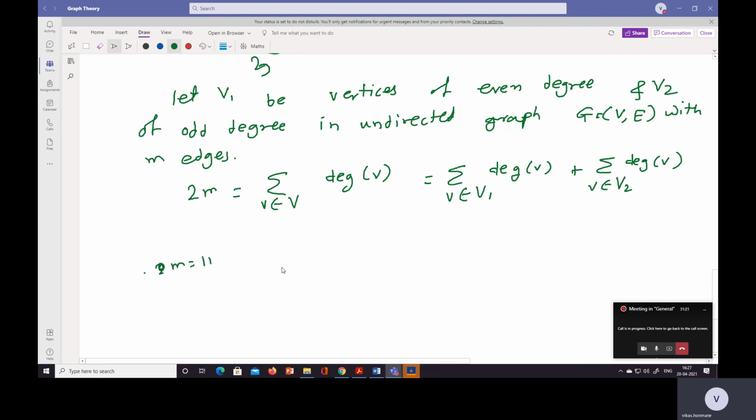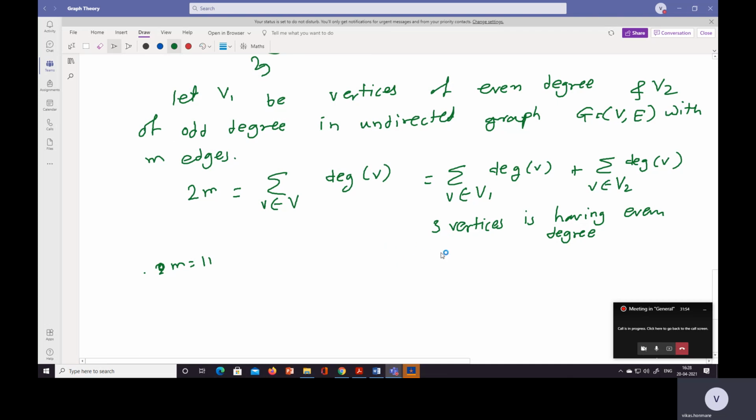And we consider 3 vertices having even degree. So even degree means 2, 2, 2.